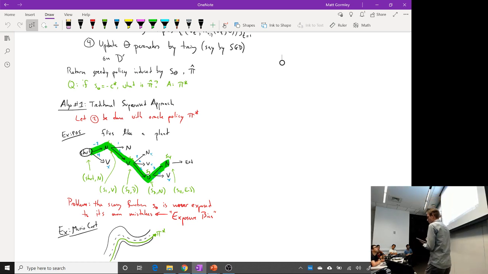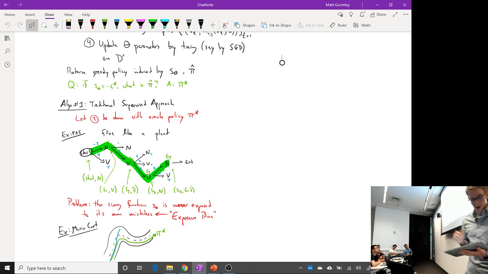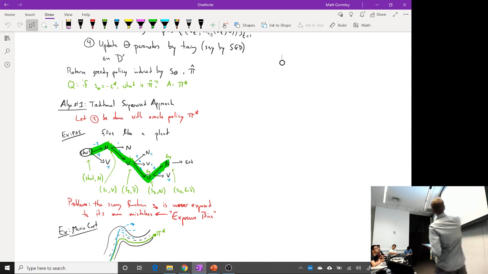Okay, but what if the model's behavior was initially similar, but then it veered off? So at this moment, the model might actually have no idea which of these paths, these completions of this trajectory, are the best. Because if this is pi hat, it might have never actually seen this blue behavior before.